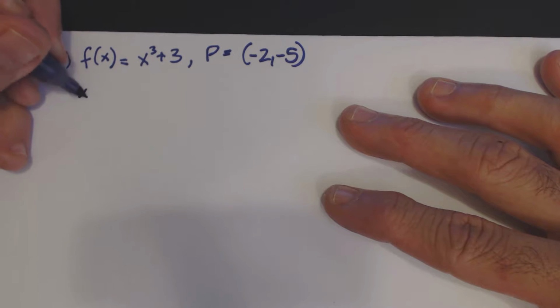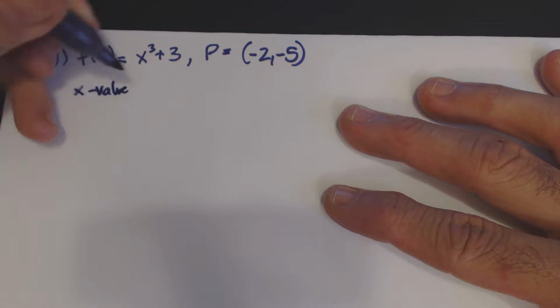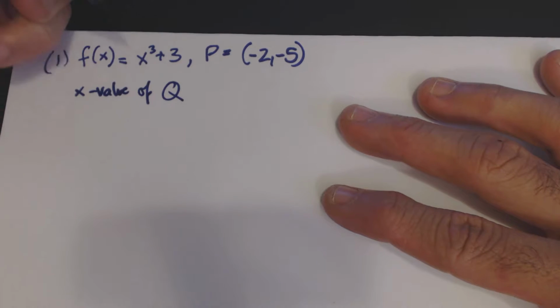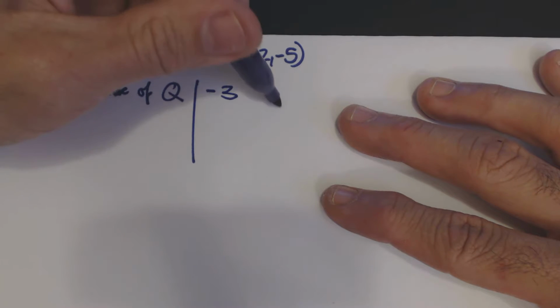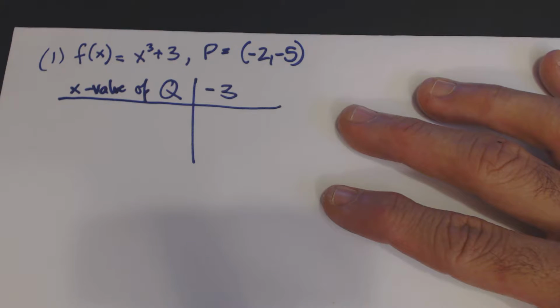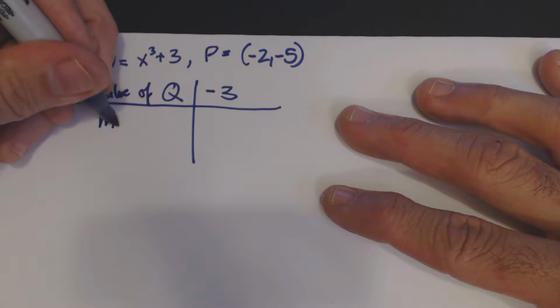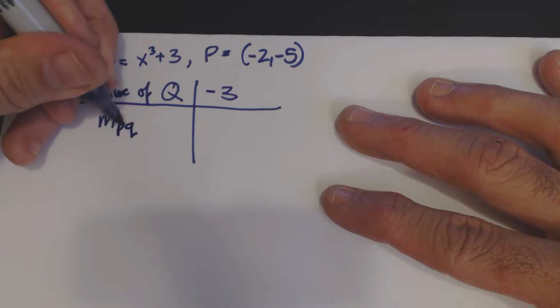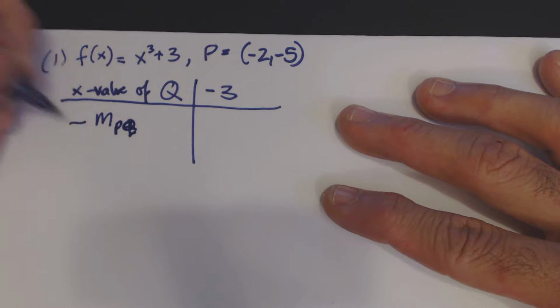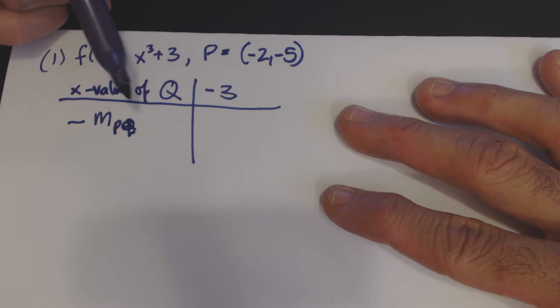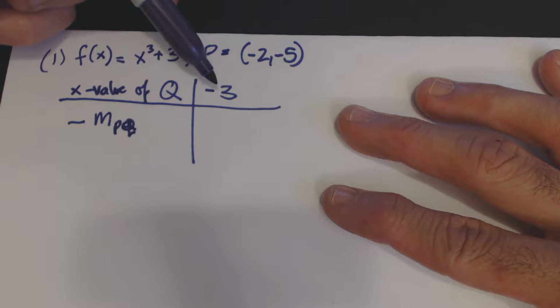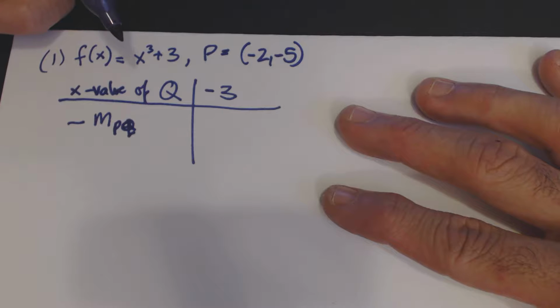So the x value of Q, the first one, is -3, and we've got m PQ. Essentially this is the slope of PQ, the line connecting the 2 points. But first we need to find the y value of each point.